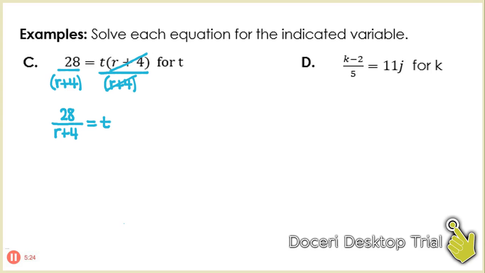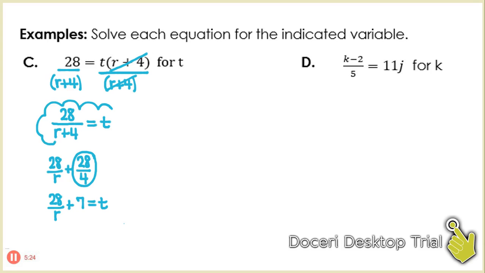We could, again, split that up, and we could say 28 over r plus 28 over 4, but then we would have to simplify 28/4, and 28/4 would be 7. So you would have 28 over r plus 7 would be equal to t. So that one you have 2 ways to write it.